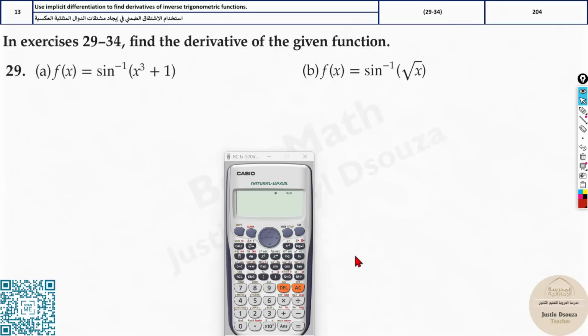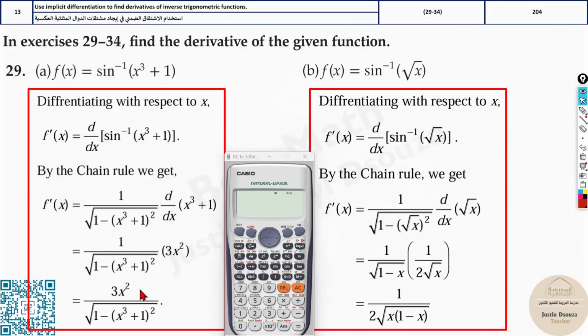Here, to solve using the calculator method, you need to know the options. You have to have the options, otherwise it's not possible. And there's one important thing here. Now we are dealing with what? Sine inverse, cos inverse, tan inverse. Whenever it's sine inverse or cosine inverse, remember the domain for differentiability is within -1 to 1.